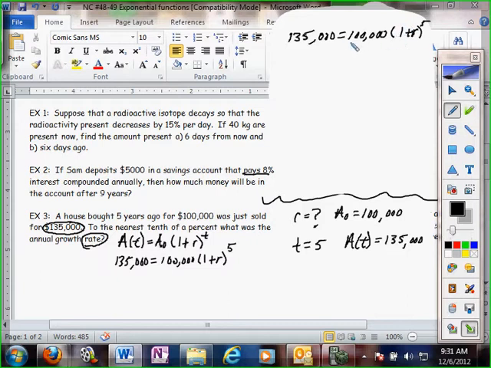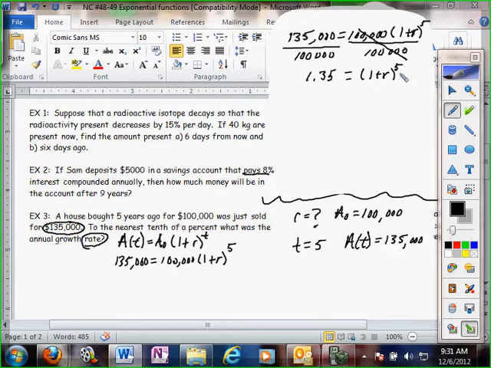Okay, so I'm going to divide first. I'm going to divide by 100,000. This cancels. 135,000 divided by 100,000 is 1.35 equals 1 plus r to the power of 5.